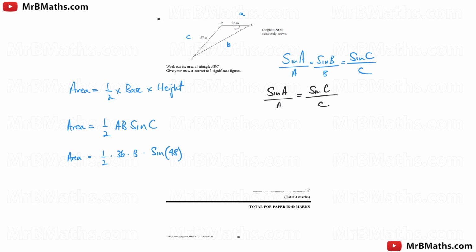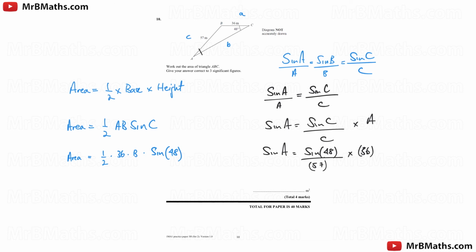So I'd like to find angle A. So if I rearrange this for sine A equals sine C over c times a. So therefore sine A equals sine of C, which is 48, over c, which is 57, times a, which is 36.